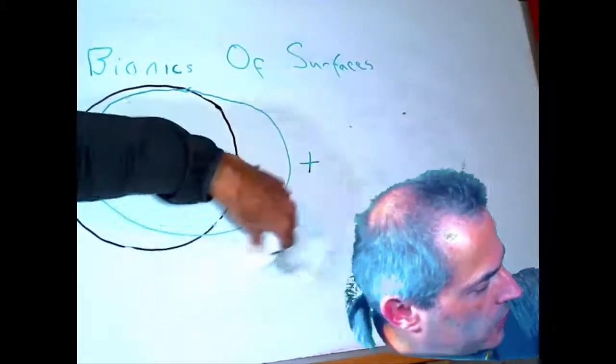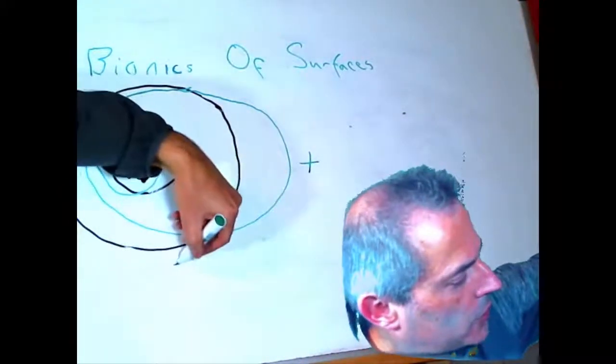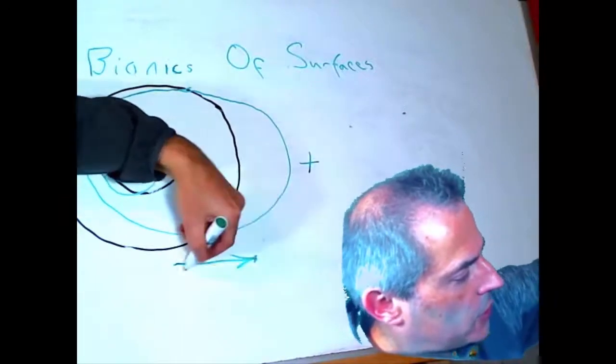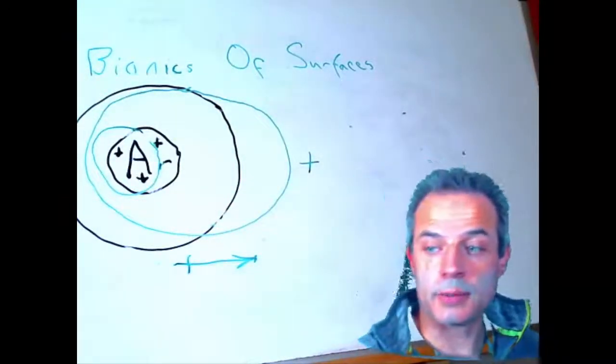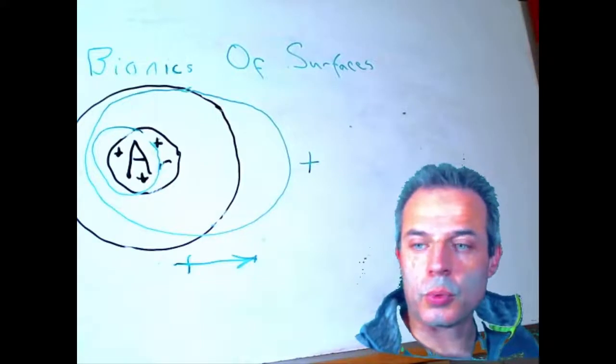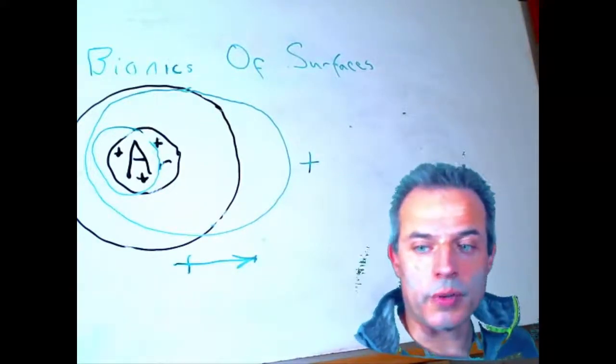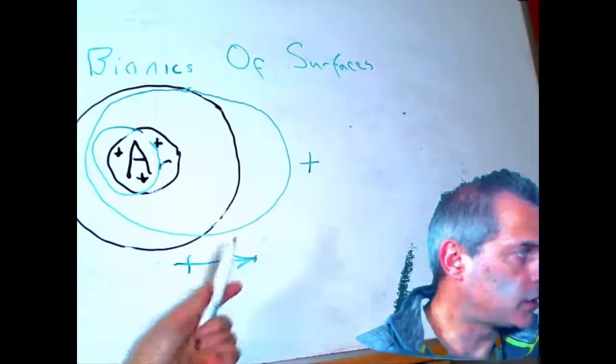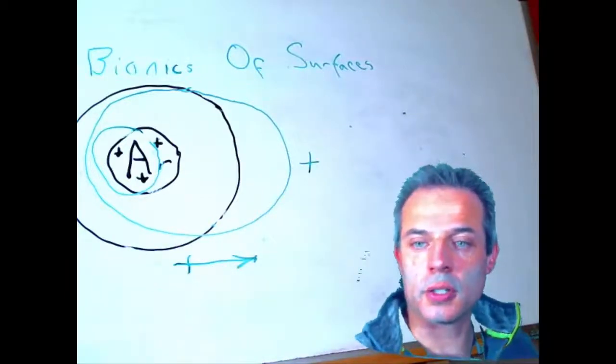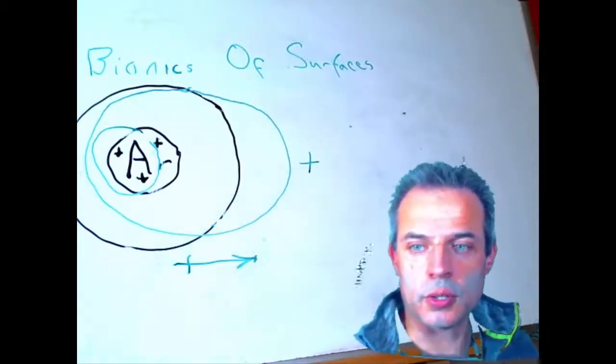So I'll draw that. That is what we've generated with our positive charge. And what we find is, because the negative end is closer to our positive charge, the argon will now be attracted to the positive charge.